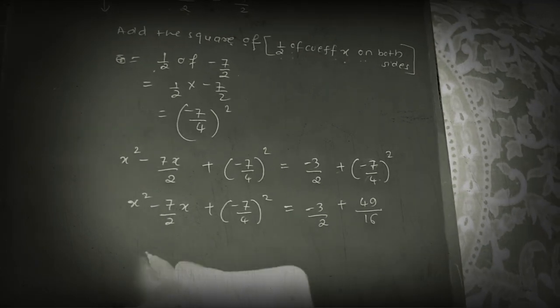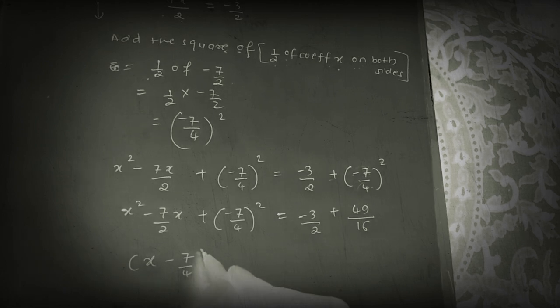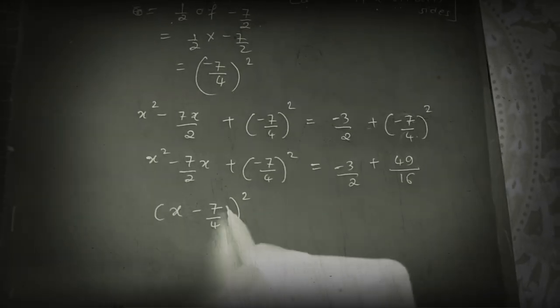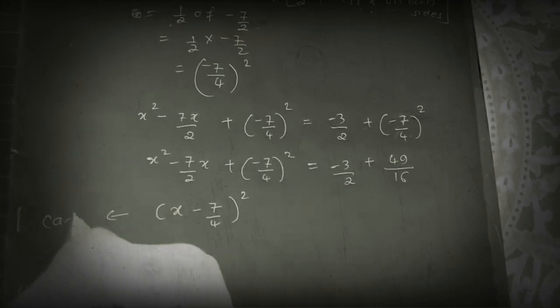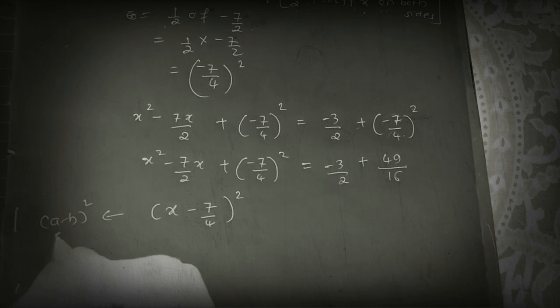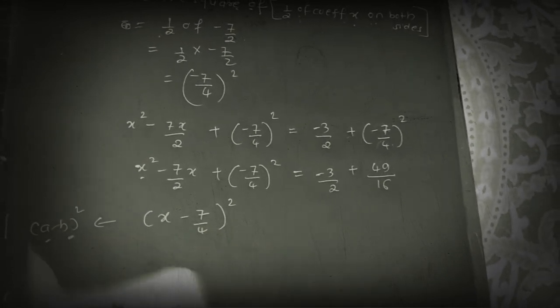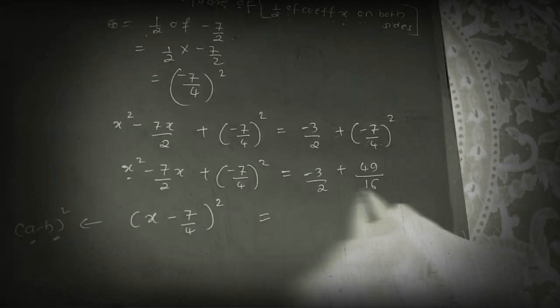So this will be x minus 7 by 4, the whole square. You can verify this with the identity (a minus b) whole square, where a is x and b is 7 by 4. So this completes the square.